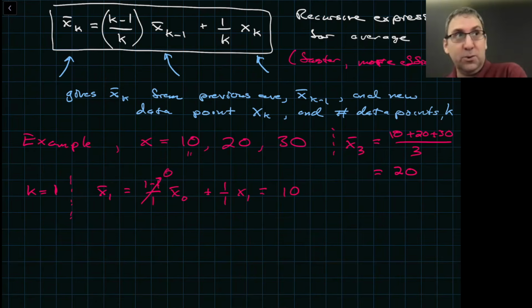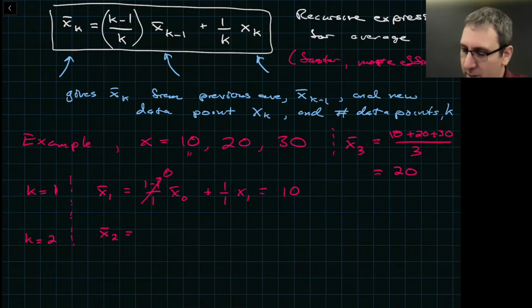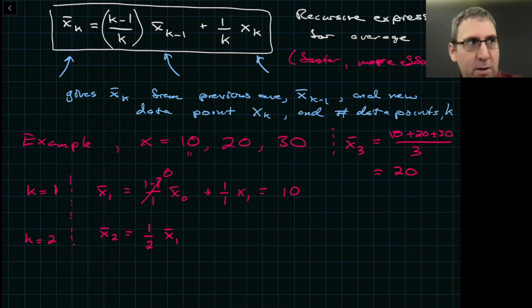So if we're marching through the data, our first guess of the average would be 10. About X bar 2: K minus 1 over K is now 1 over 2, that previous estimate of the average, plus 1 over 2, the new data point.